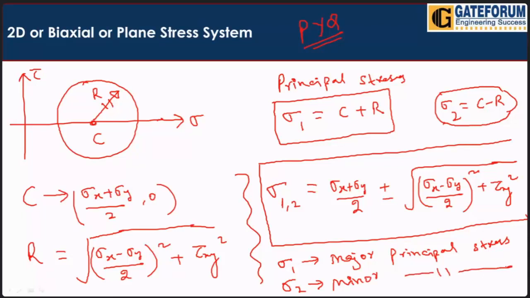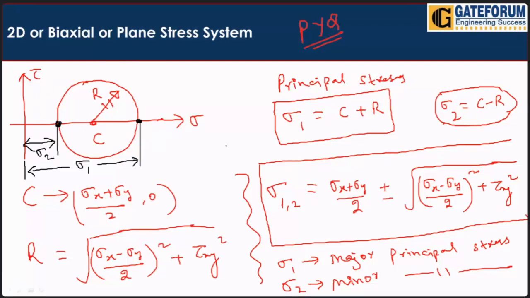The smallest one will be the minor principal stress and the largest one will be the major principal stress. On this Mohr circle, this last point is the maximum normal stress, which is the value of sigma 1, and the minimum normal stress is the value of sigma 2.